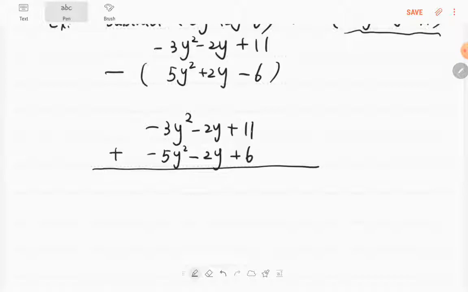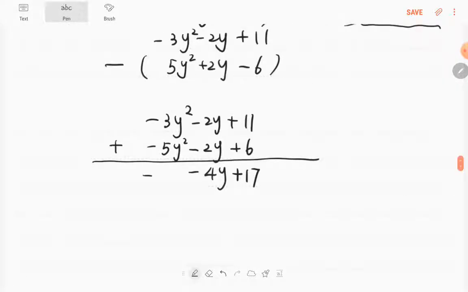Now, we only need to do it vertically. Just do the addition, right? So here we will have 11 plus 6, we will get 17. Minus 2y, we will get minus 4y. And for this one, minus 3y squared minus 5y squared, we will combine them to get minus 8y squared.